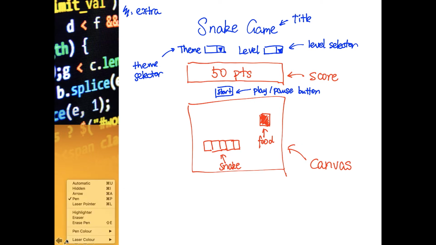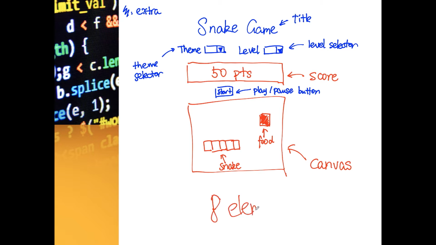Here we go. In total we have 8 elements. Remember this count? This will be how many elements we need in the final version of our snake game.